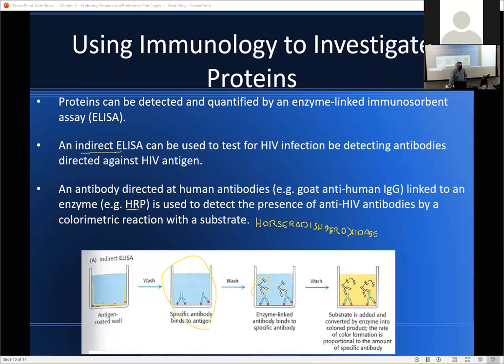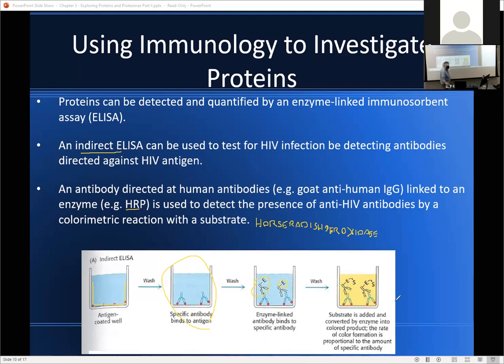Okay. So in the second step, we incubate our secondary antibody with our primary antibody. If there are antibodies from the first incubation that are adhered to the antigen proteins, then the secondary antibody is going to bind to them. Okay. And the secondary antibody is bound to an enzyme. In the last step, we add a substrate that the enzyme can react with to produce a colorimetric reaction.